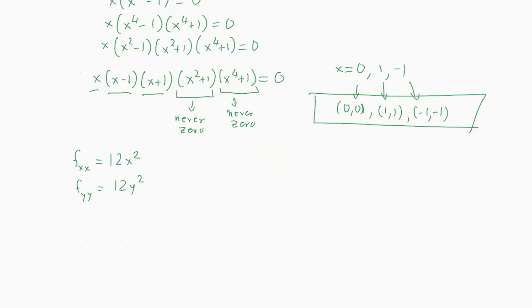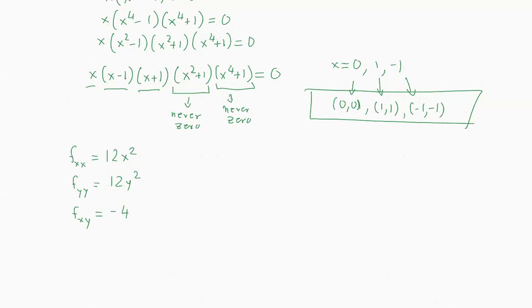So let's start with (0,0). For (0,0), we will have that D is how much? Plug in (0,0), you will get that this is 0, this is 0, this is -4, this is -4, compute this determinant, this is -16. So this tells you that (0,0) is a saddle point. I also like to call these points Pringle points.